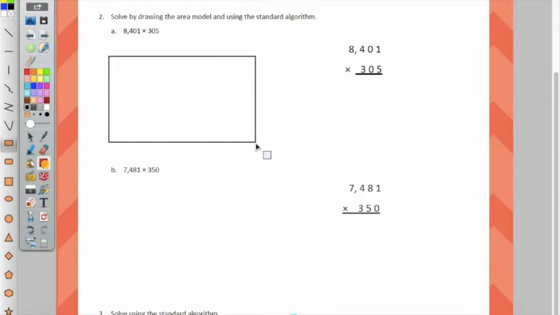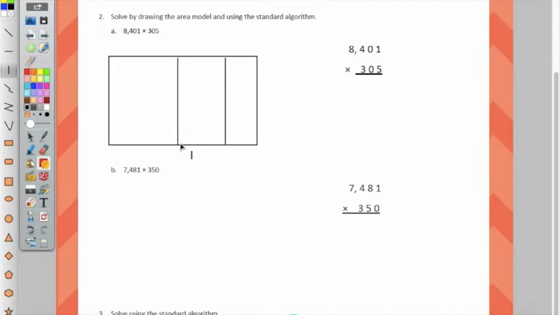So make it a little wider. And then I have 1, 2, 3 columns. 8,000 plus 400 plus 1. And I have 2 rows. 300 plus 5.